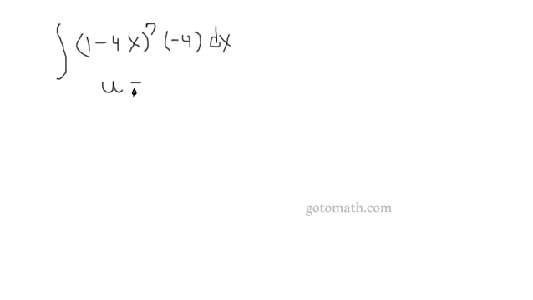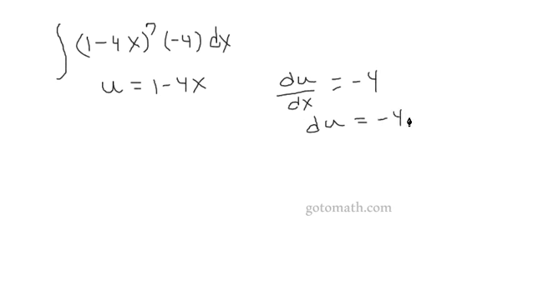So we let u equal 1 minus 4x. Usually whatever's in parentheses is what we're going to let be our u. And we have du over dx is equal to, so we take the derivative of this, and we get negative 4. But we want to solve for the du. And there you go.